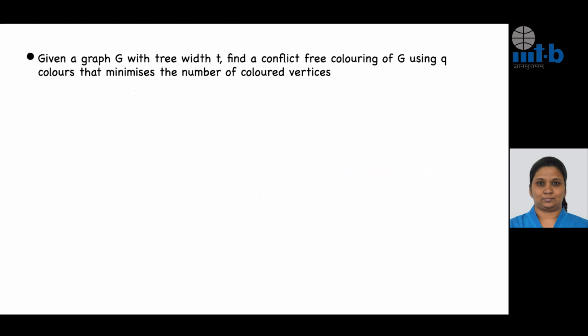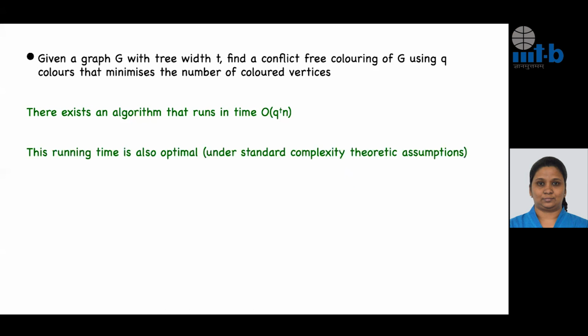Here we prove that there exists an algorithm with running time Q to the power T times N, which is FPT with respect to T. And we were able to show that this running time is also optimal, assuming some standard complexity theoretic assumptions. That means we use standard techniques in lower bound construction from fine-grained complexity analysis to show that this running time is also optimal.